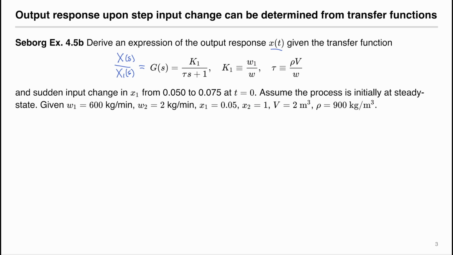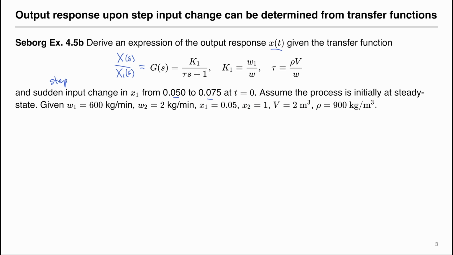Given there is a sudden input change, a step change in x1 from this composition to this composition at t equals 0. Assume the process is initially at steady state, so we have vanishing initial condition, and given all these constants.